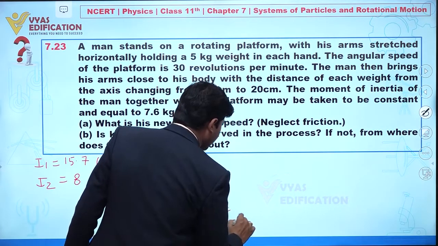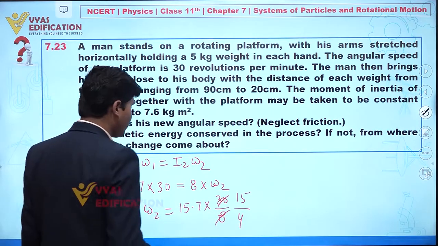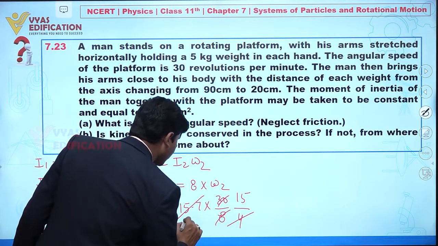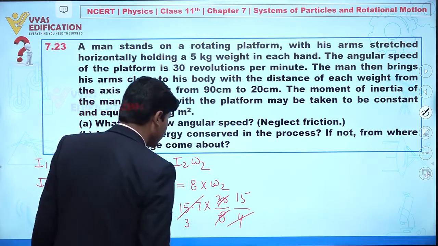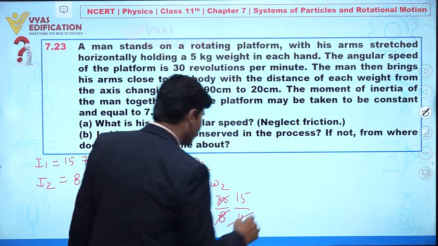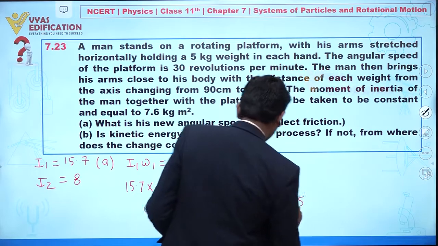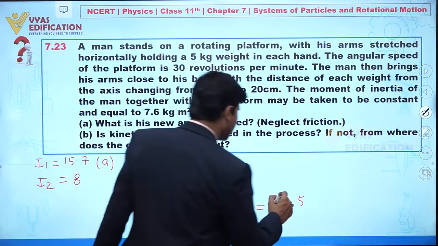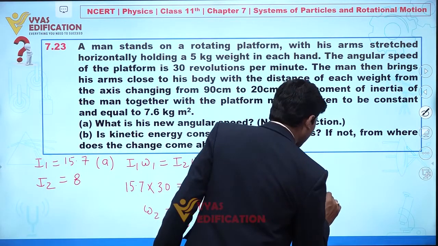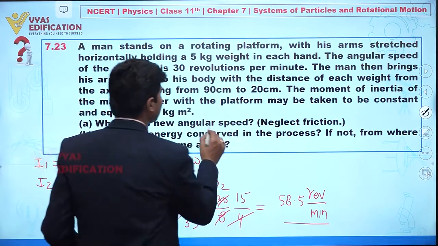Multiplying it out, we get 58.5 revolutions per minute. This is the new angular speed.